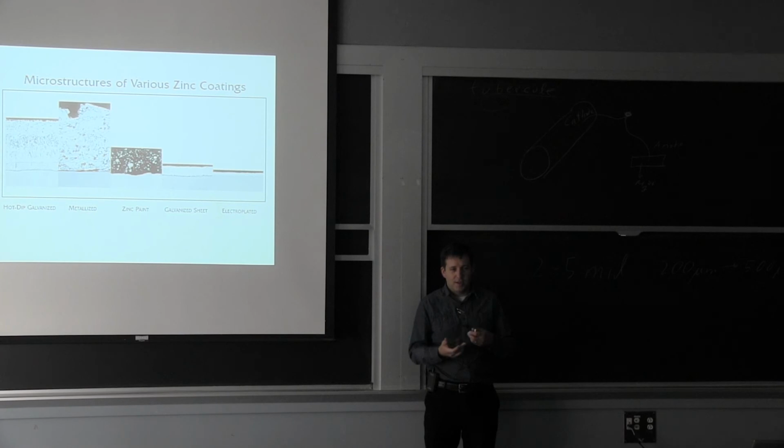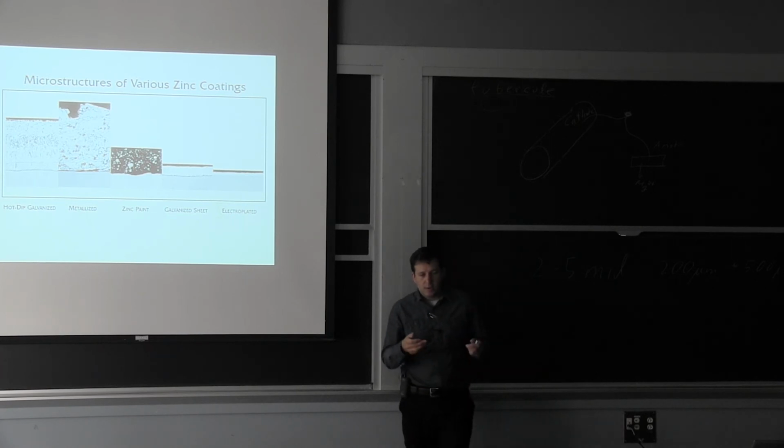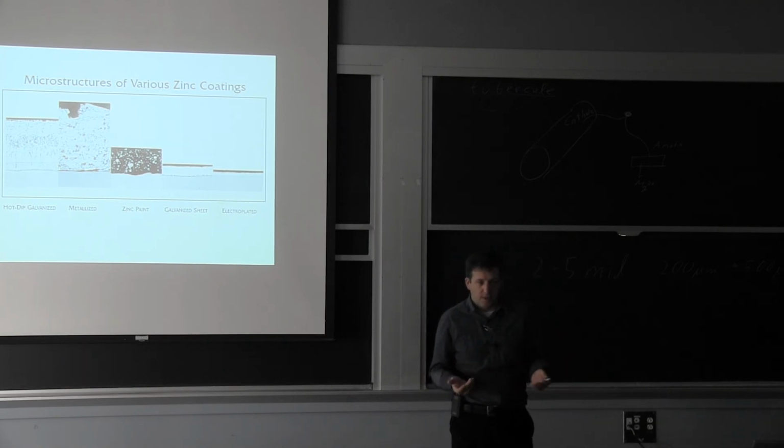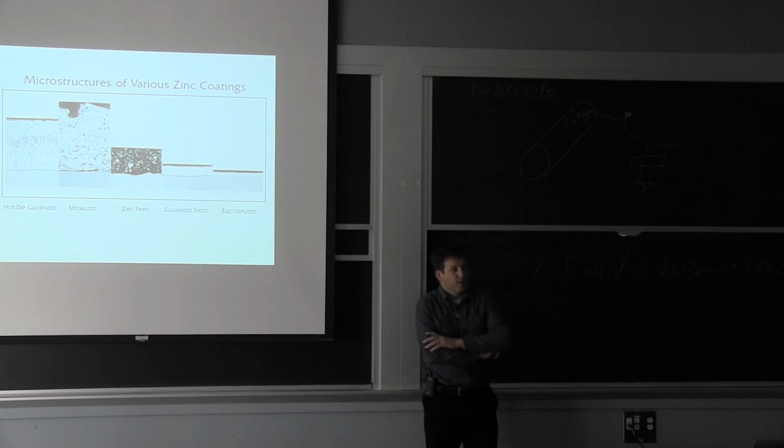So if you galvanize something, especially with hot dip galvanizing, it's very hard after that to put just a decorative coating on it. That's why a lot of times we end up just seeing the galvanizing.